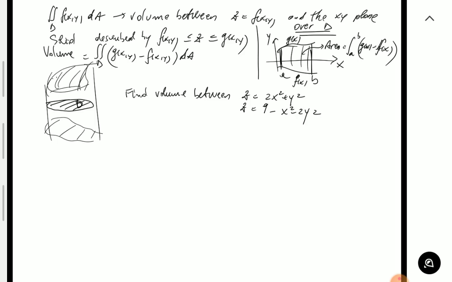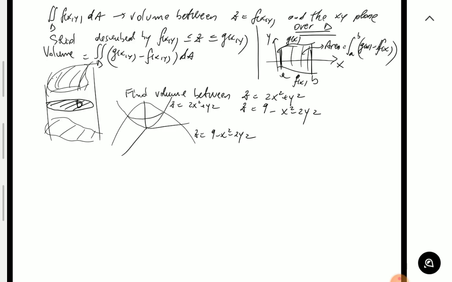If you imagine how these look in a coordinate system, you have the paraboloid opened up, z equals 2x squared plus y squared, and then another paraboloid opened downward, which is z equals 9 minus x squared minus 2y squared. You can view this solid as in between these surfaces with the same domain.